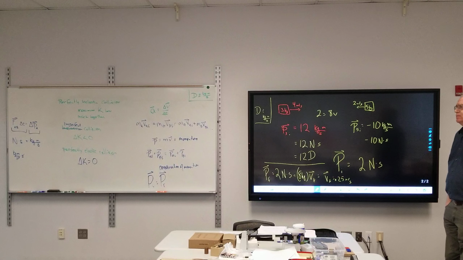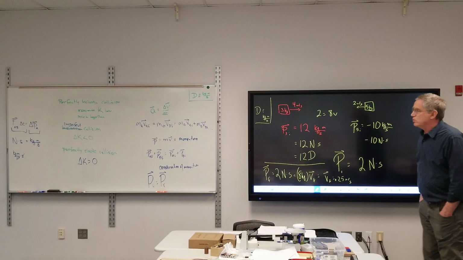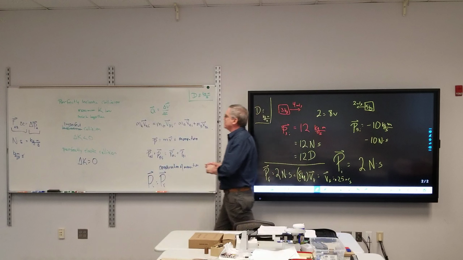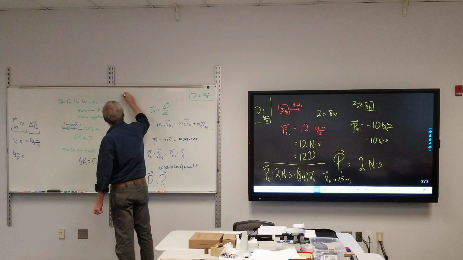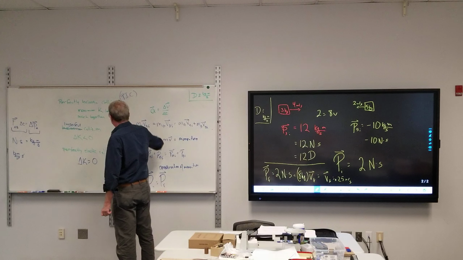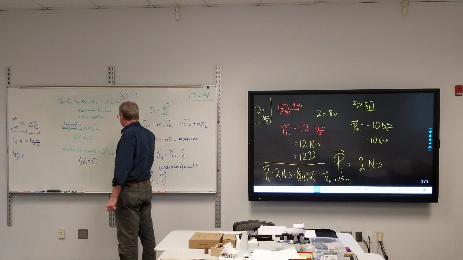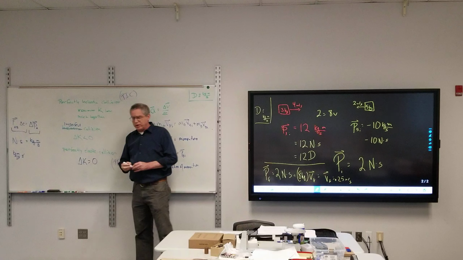And so that's the language that I'll be using on quizzes and tests and homeworks, etc. I will shorten the first one, perfectly inelastic collision, to PIC sometimes. And this one, PEC, just as a shorthand notation.